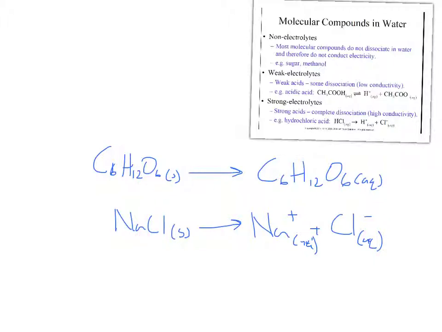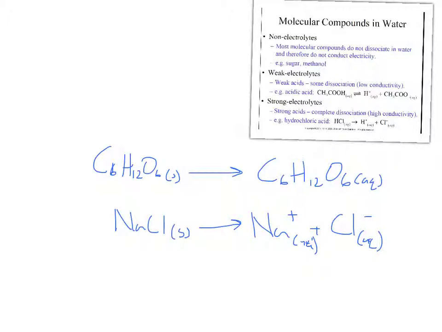Sodium chloride dissociates, but we would also say it dissolves in water because it disappears. Dissolving just means we can no longer see it. It disappears into the water. And sugar would not conduct electricity because there are no ions for the electrons to jump across. However, something like sodium chloride does because the electrons can jump across those charged ions.